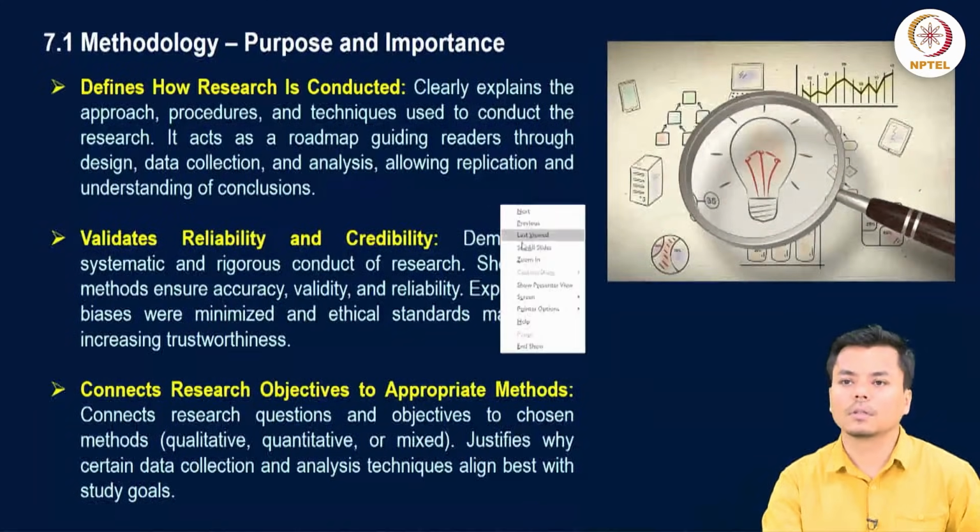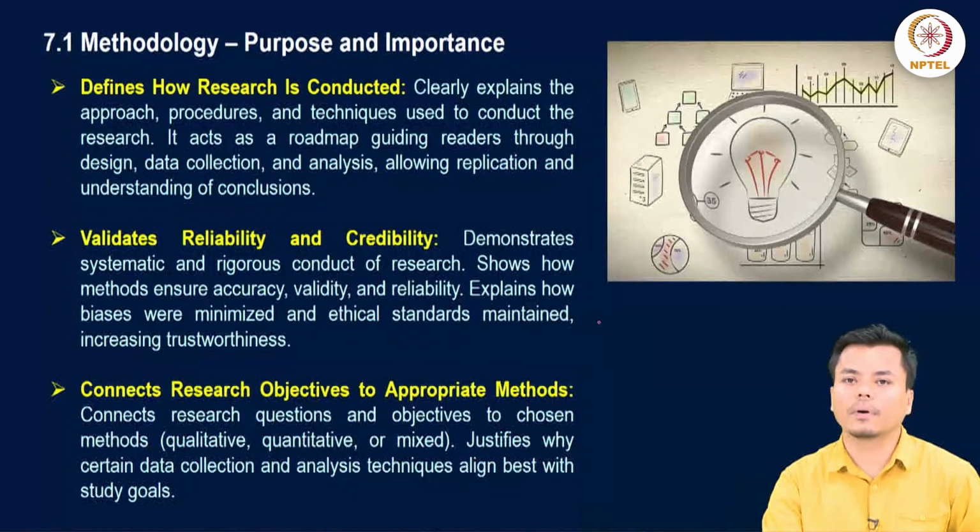So to give you an understanding of what different aspects have to be focused on while writing the methodology section, let us start with the first important point, that is, define how research is conducted.